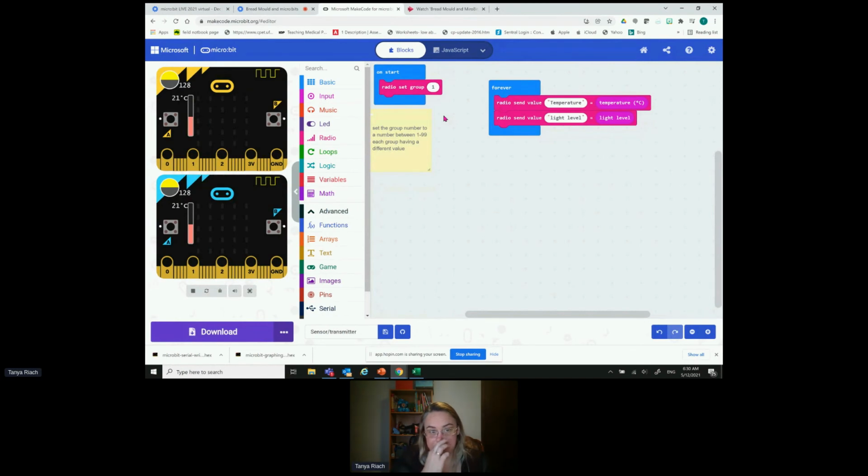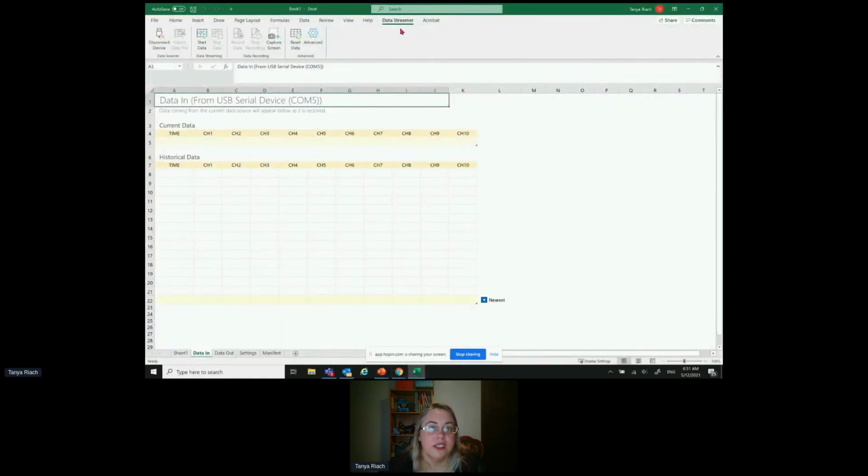Now, one of the extension parts, if you wanted to go further, could be adding in the advanced model so that you can collect in Excel data streamer. Some groups wanted to have data streamer running, and data streamer is just an add-on in Excel where you can connect your device, start your data running, complete some screen captures, and then stop the recording.